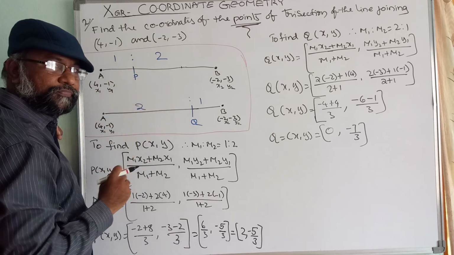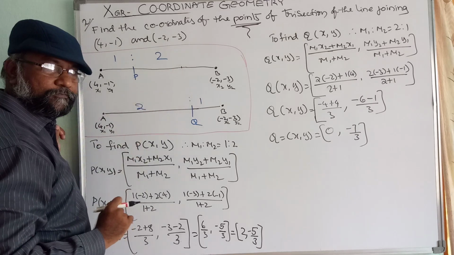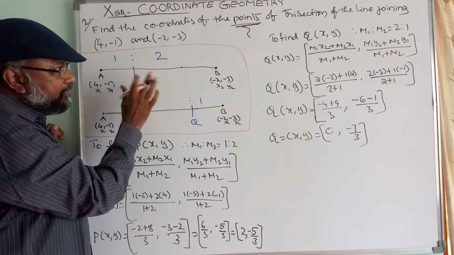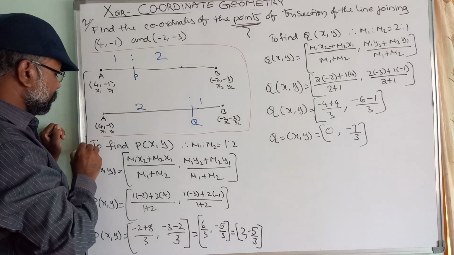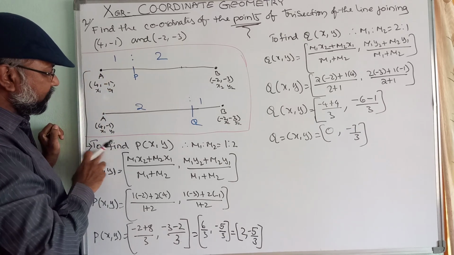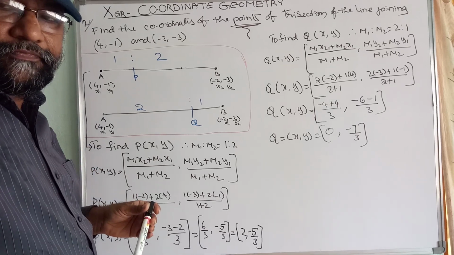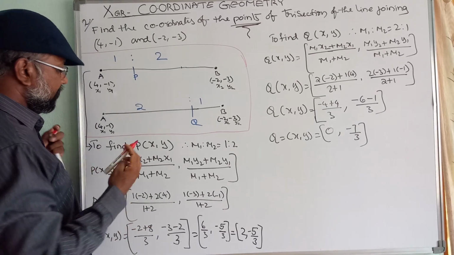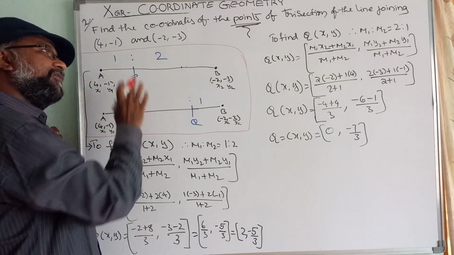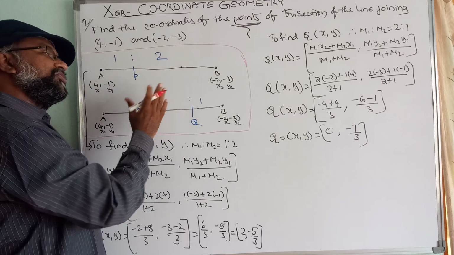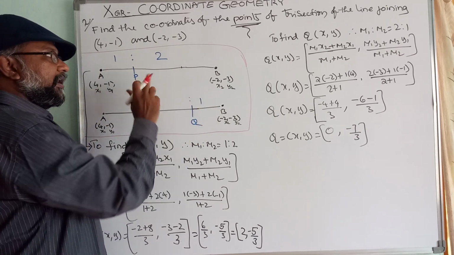1:2 ratio. Here one part is there, here 2 parts are there. So in that manner I will do this one, so that I can find one part that is called P. And for the same line, I am going to change the ratio to 2:1.